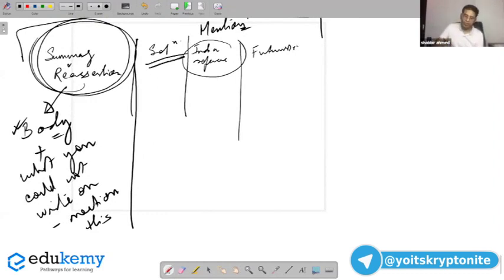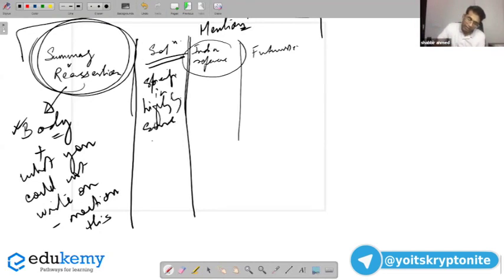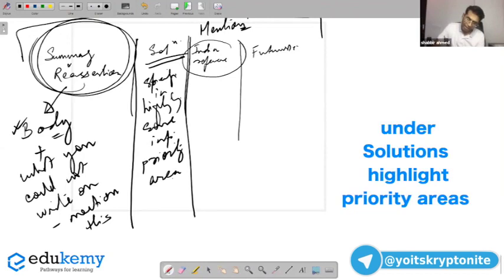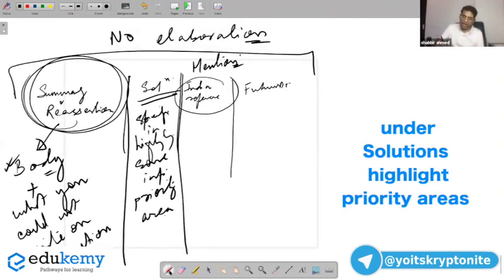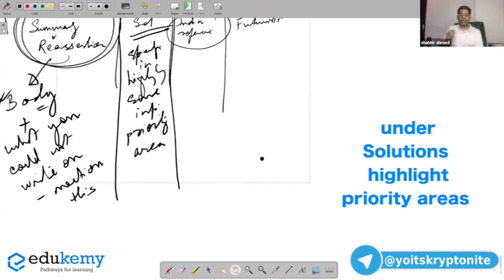Solutions, okay, you can be specific in highlighting some important priority area. Okay? In solution you only have to mention, you don't have to elaborate here. So in solution, be specific in highlighting certain priority areas.